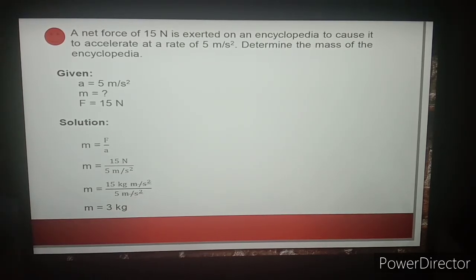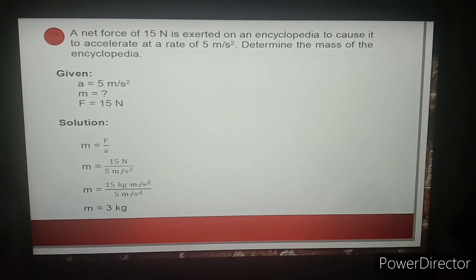And since we're looking for the mass, make sure that the final answer is in kilograms, if the system is MKS. So, here, 15 divided by 5 is equal to 3. And the unit to be used for the final answer is kilogram.